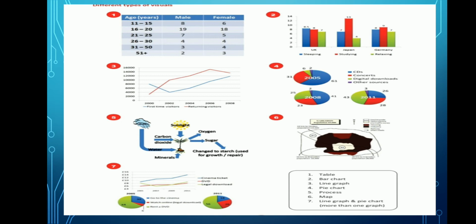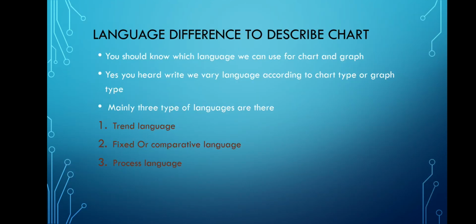So there are different types of chart. The first one is a table chart, or we can say a tabular chart. If you want to write "chart" behind the table, then you should write tabular, otherwise it is a table. The second picture is a bar chart, and the third picture is a line graph.